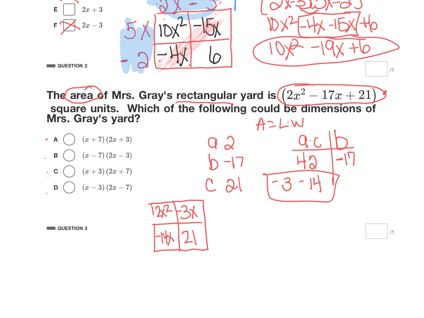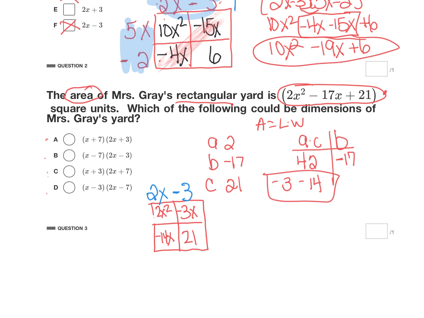So let's look at our column, 2x squared and negative 14x. Well, they have a 2 in common and they have an x in common. And now I have negative 3x and 21. Well, they have a 3 in common, and because the first box I come to has a negative, that's going to be that negative 3.